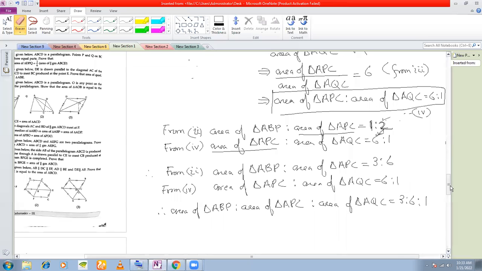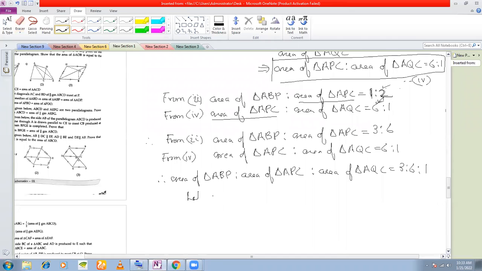Now, once I get the ratio of these three areas, I can say let area of triangle ABP is equal to 3K, right? Area of triangle APC is equal to 6K. Area of triangle AQC is equal to K, right?